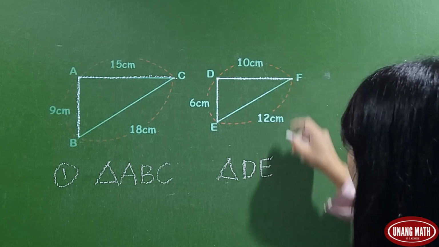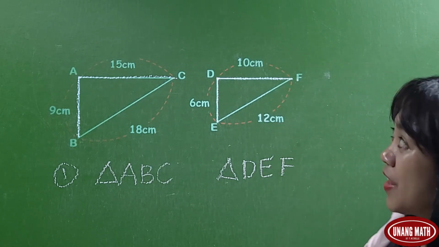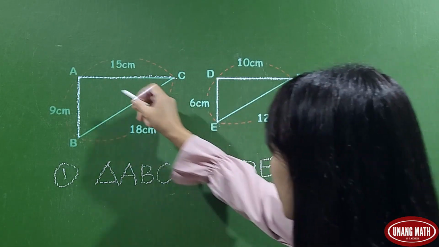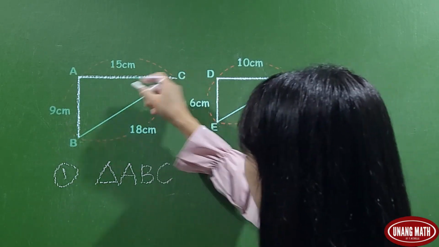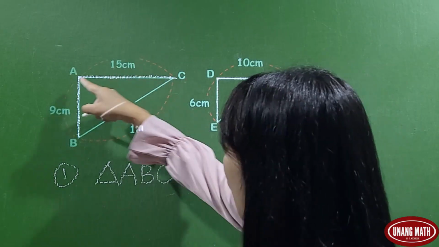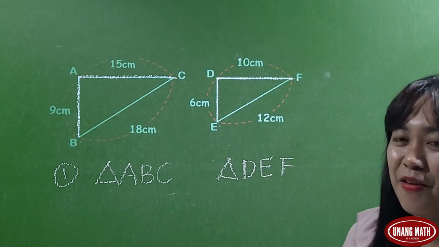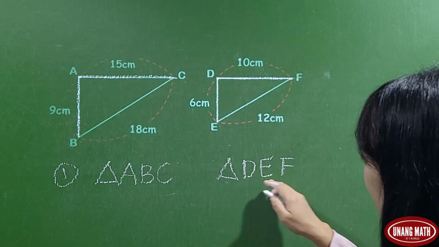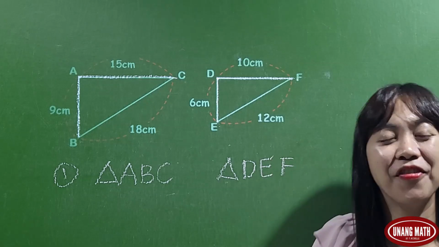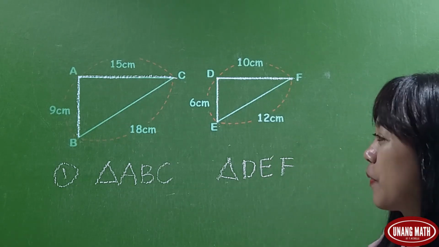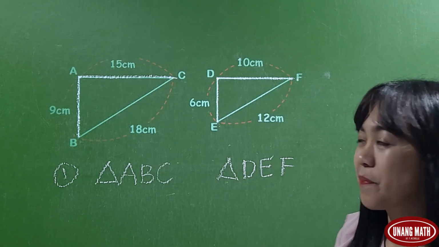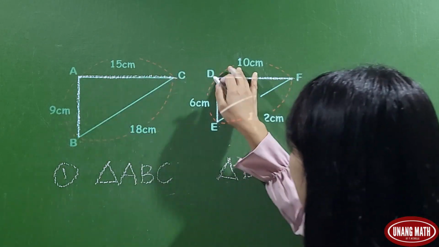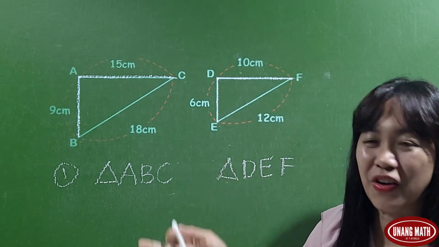Again, if we check, this 10 centimeters, longer than 6 centimeters, corresponds to side AC, which is also longer than side AB. So we have triangle ABC and triangle DEF. Now let's find out if the ratios of the length of the corresponding sides are equal or constant.